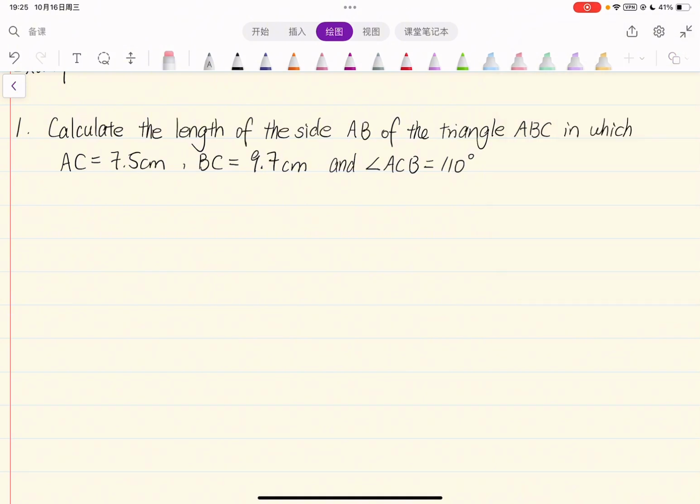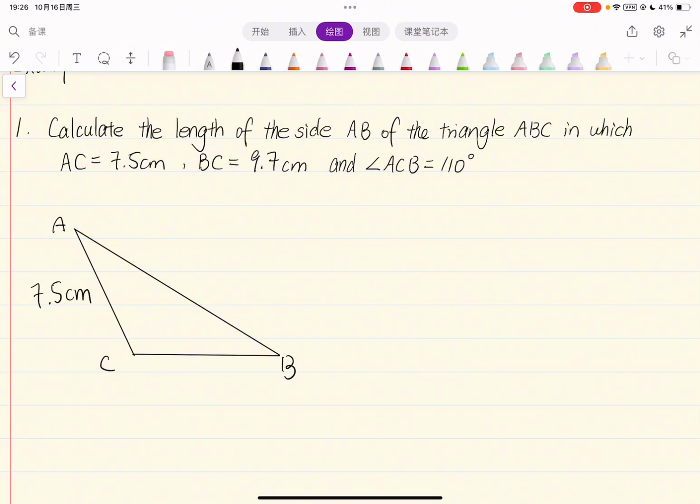Here is A, here is C, here is B. We know AC is 7.5 cm and BC is 9.7 cm. The angle ACB is 110 degrees, and we want to find the value of AB.